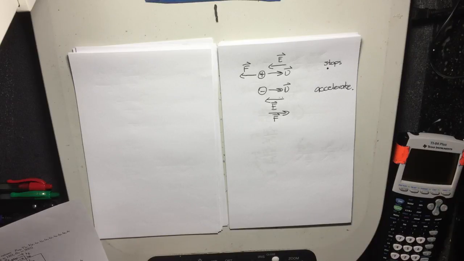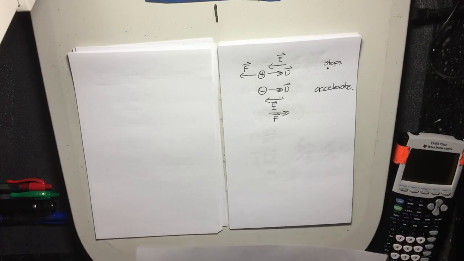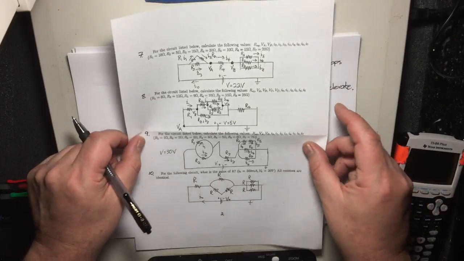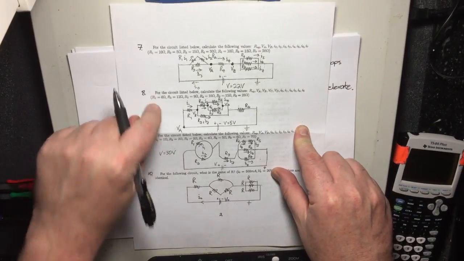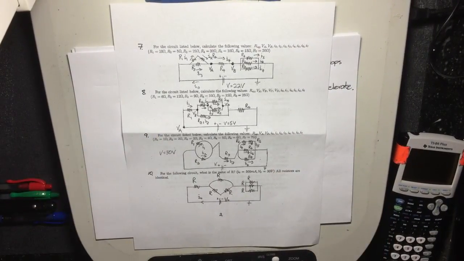What I'm going to do now is talk about circuits. What you guys need to know is I'm only going to do number 8 and 10, because 7, 8, and 9 are the same problem, effectively. It's lather, rinse, repeat.